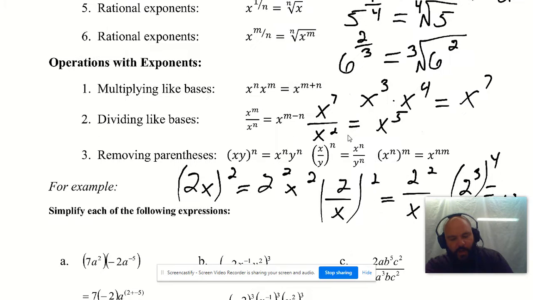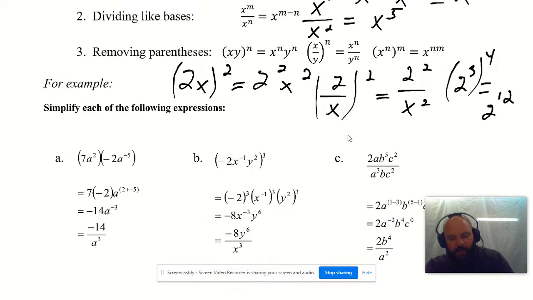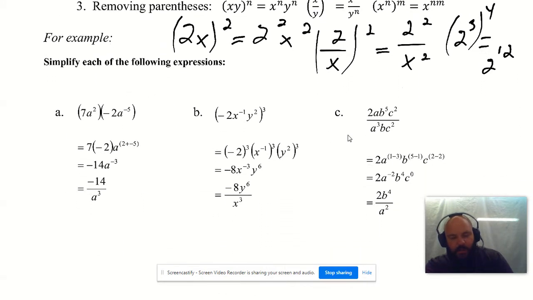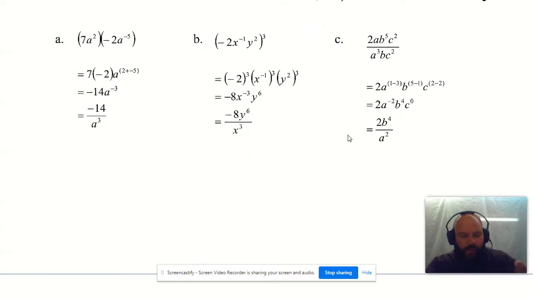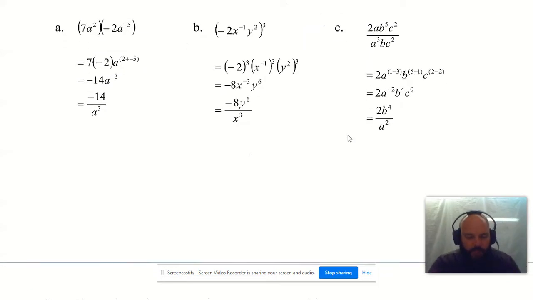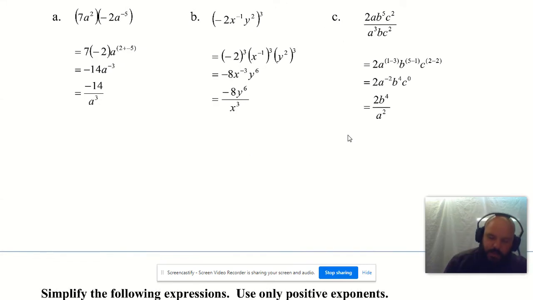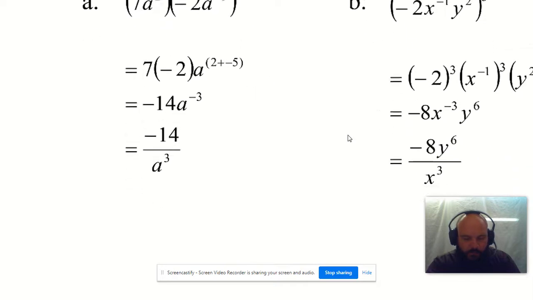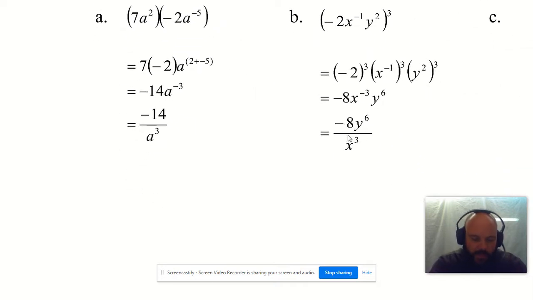All right, so with that being said, we went over all the different properties that you might use. I'm going to go through examples A, B, and C. I am going to rewrite them again, and hopefully those steps will make sense to you. Looking at the first one, we have 7a squared in parentheses, and in the next set of parentheses, negative 2a to the negative fifth.